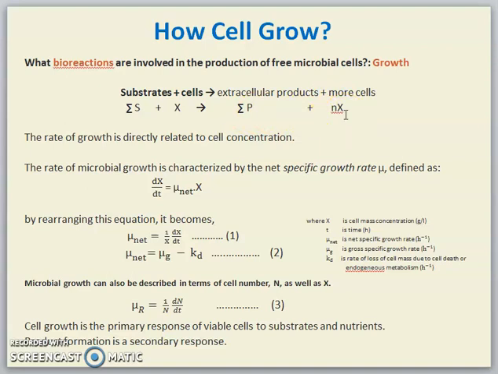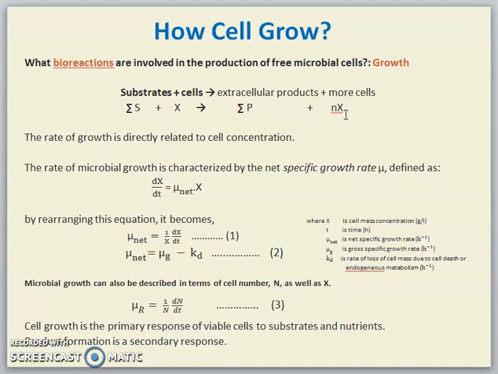As you can see from the equation, microbial growth is an autocatalytic reaction. We have seen this autocatalytic term in chemical reactions, but what is autocatalytic in the growing of cells?